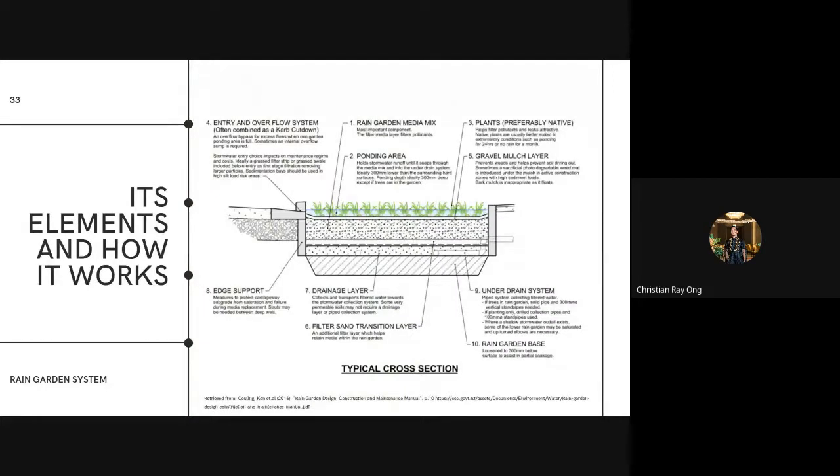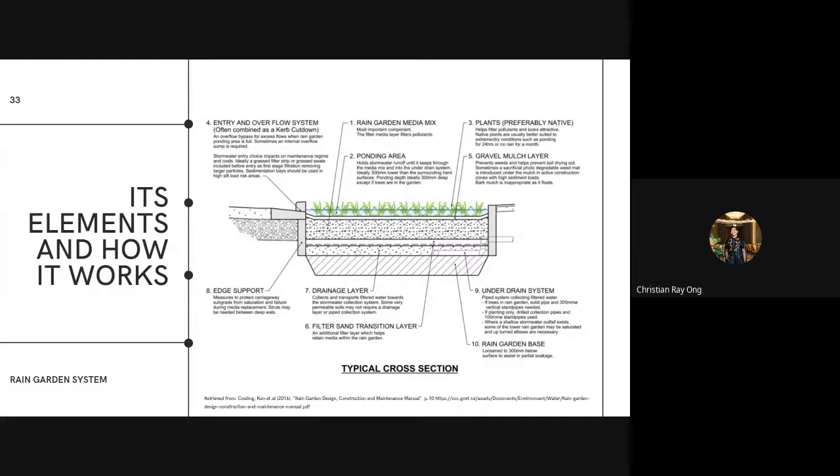Its elements and how it works. Rain gardens also refer to detention basins, but the difference is that rain gardens don't have to be as deep as some of these detention basins, and mostly use vegetative properties which support the system. As we can see in this picture, there are certain layers which make a rain garden different from typical grass or garden.